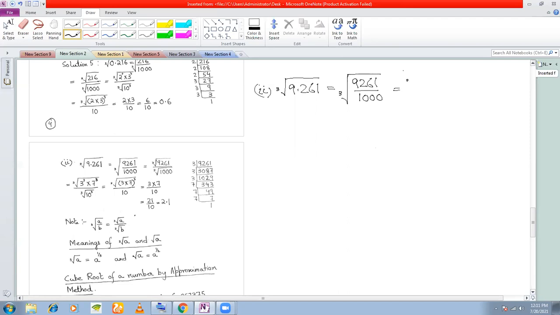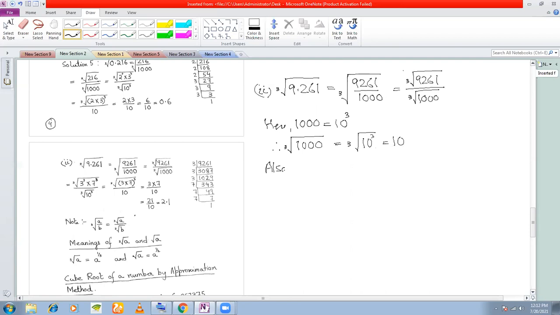So which is equal to cube root of 9,261 divided by cube root of 1000, right? So here 1000 is 10 cube. Therefore, cube root of 1000 is equal to cube root of 10 cube, which is equal to 10.